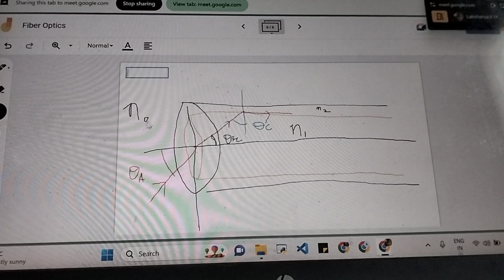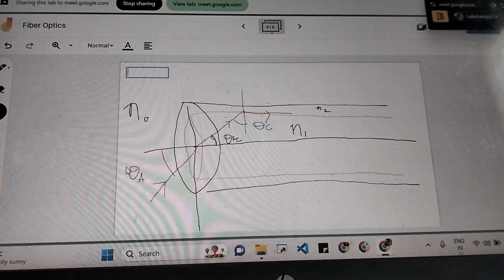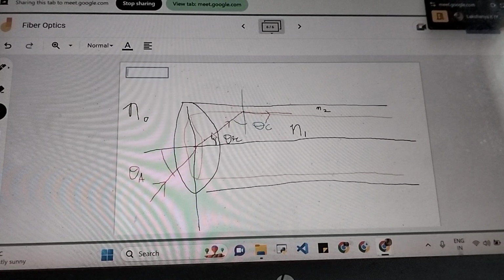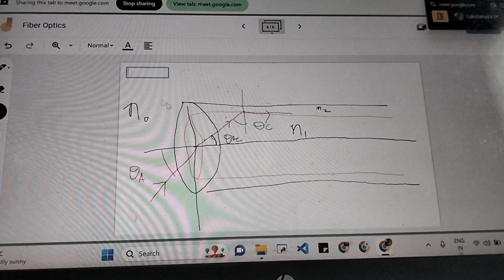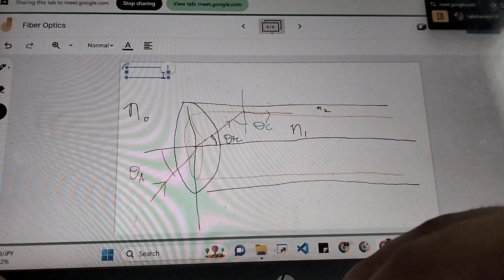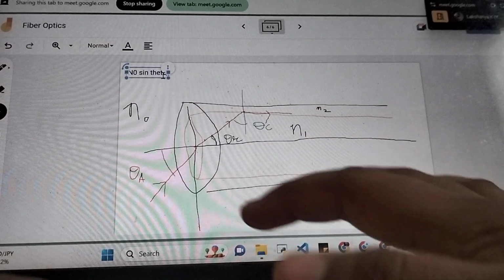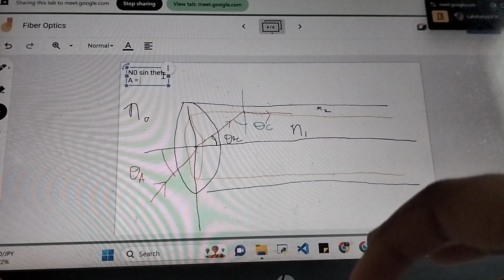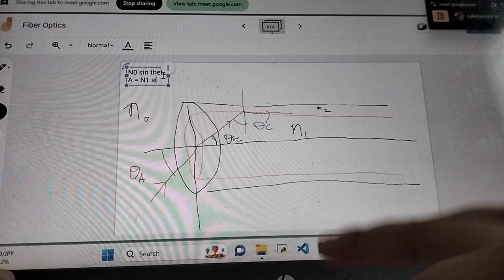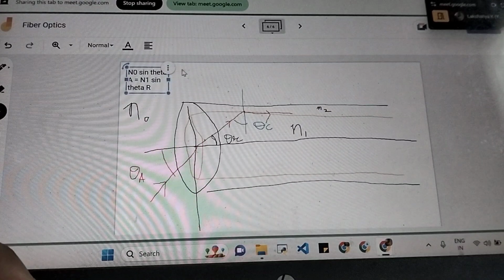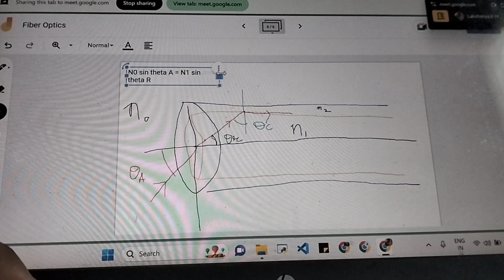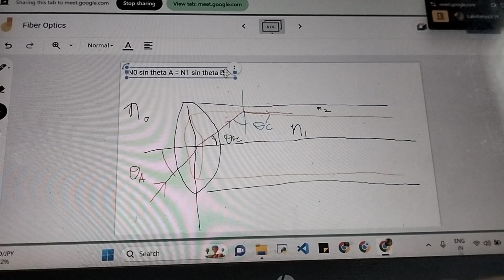So the refractive index is N0 and the angle is theta A. Here the refractive index is N1 and the angle is theta R. So N0 sin theta A equals N1 sin theta R. This is the first equation we get. So does everyone understand how this came about?